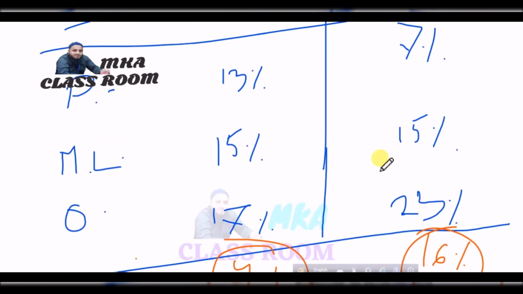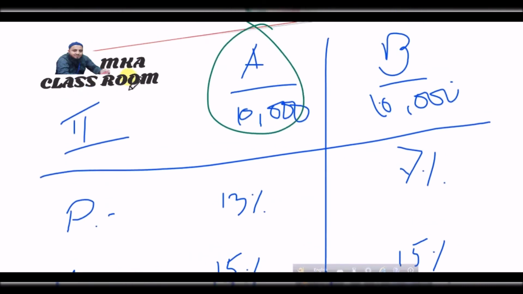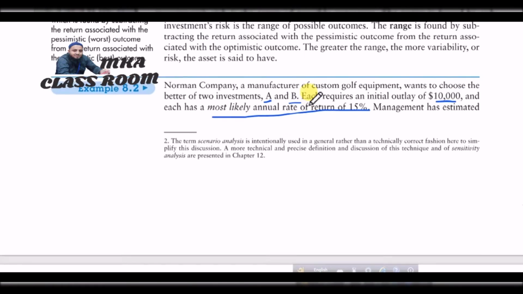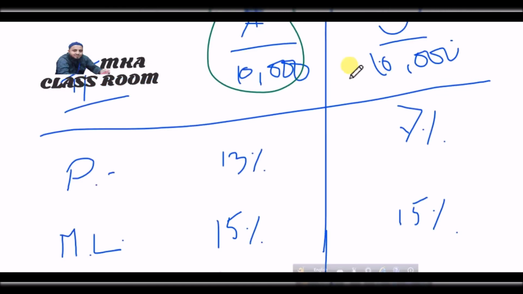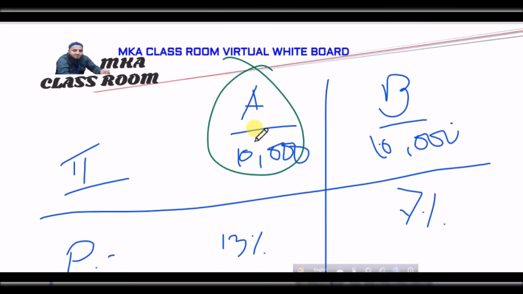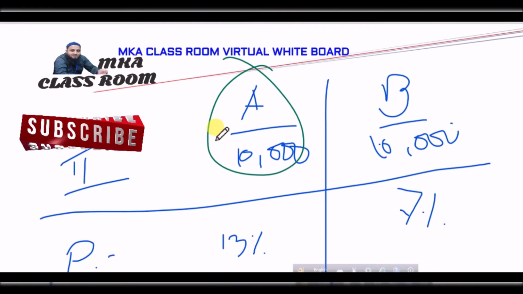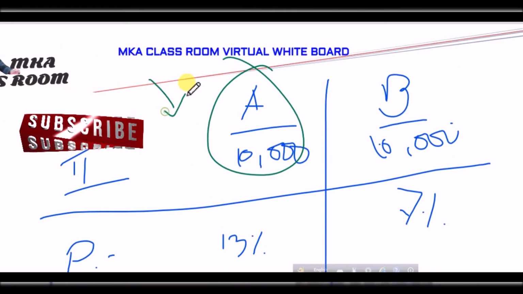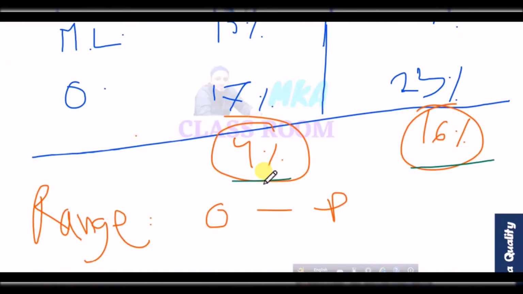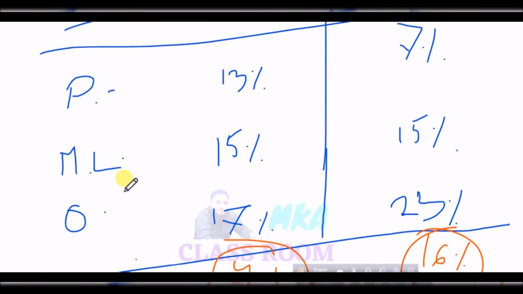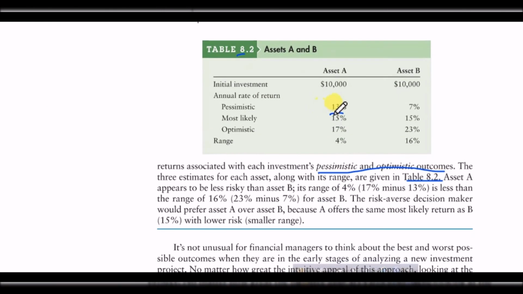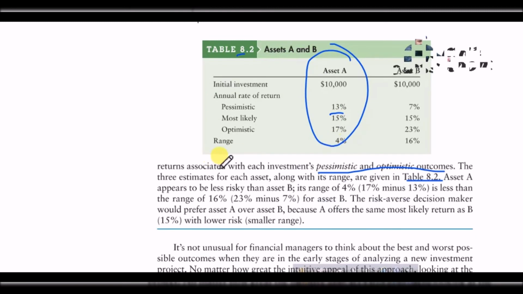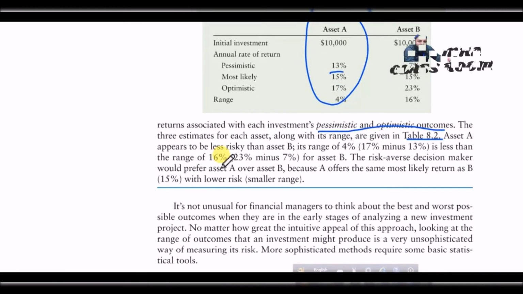So obviously asset A is better. As the question says, we want to choose the better of the two investments. So A is the better investment, so this person can invest in asset A because it has a lower range. So it is clear that asset A is better than asset B. So he took asset A as his investment.